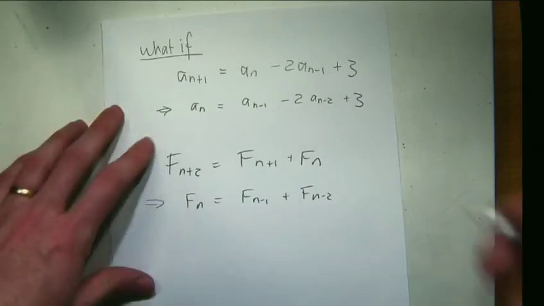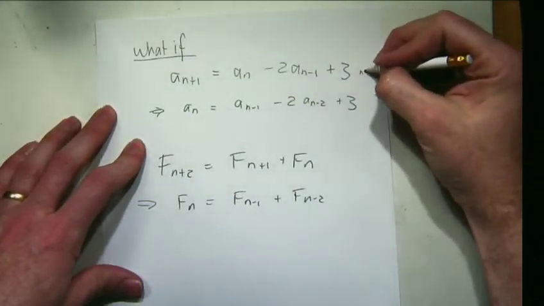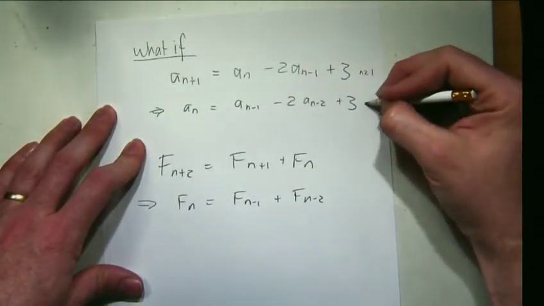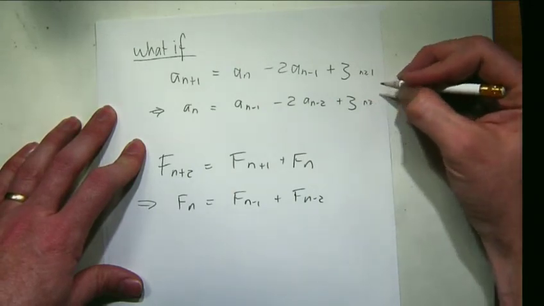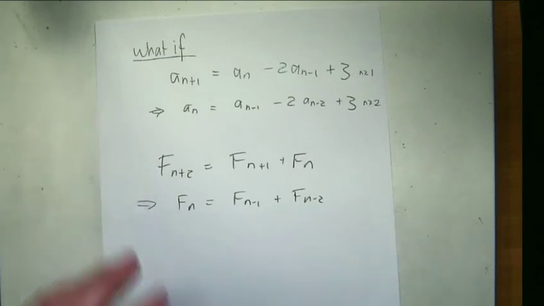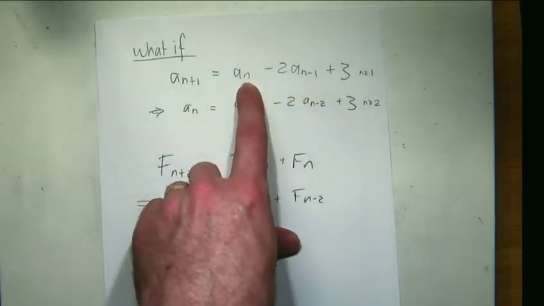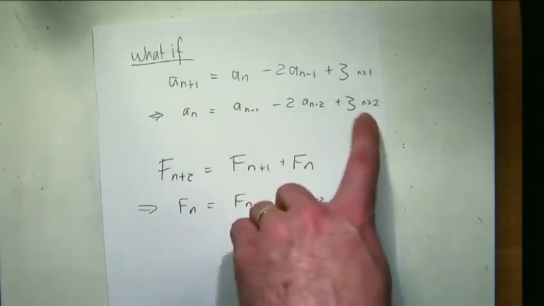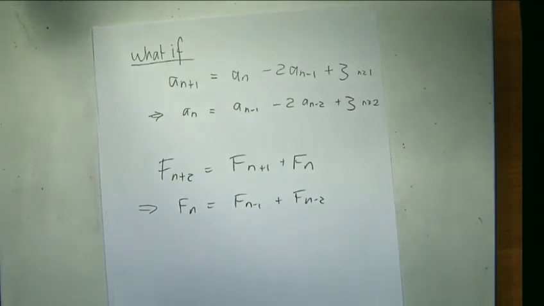So this one might start for n greater than or equal to 1, but this one will be n greater than or equal to 2. Yeah, because that n there would be a 1, but this n here has to be a 1, so n has to start at 2. All right.